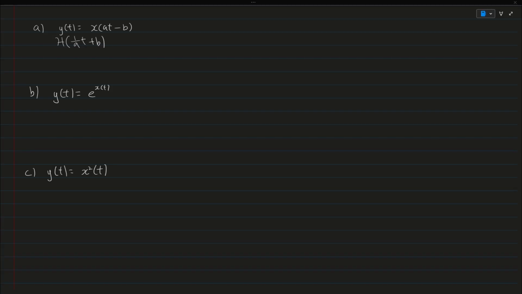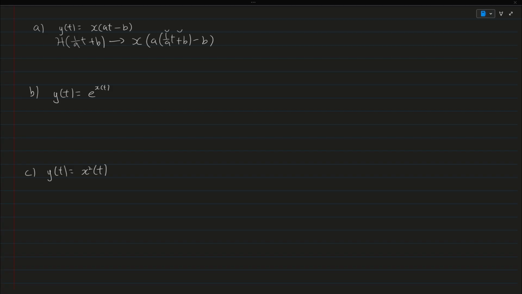If we put this into the system, we would get x of a times t. But now our input is 1 over a times t plus b, and then we have minus b. Now this a is going to cancel, but here we're going to have ba minus b. So we can't have that.